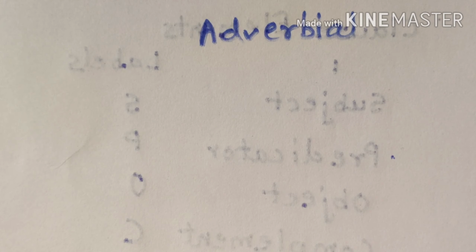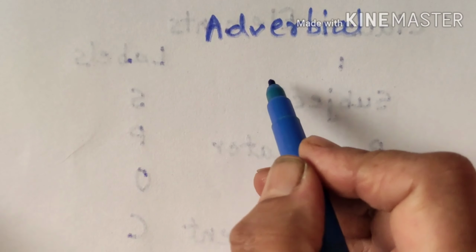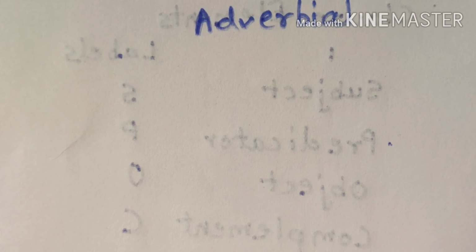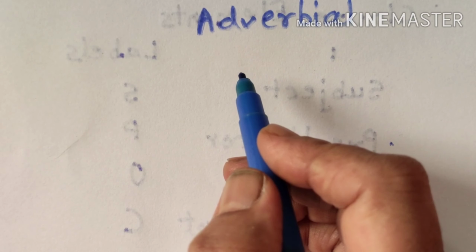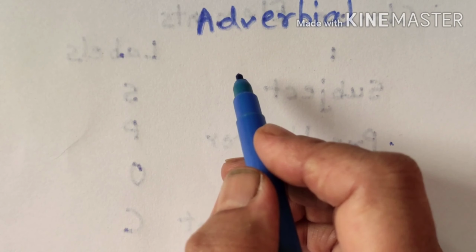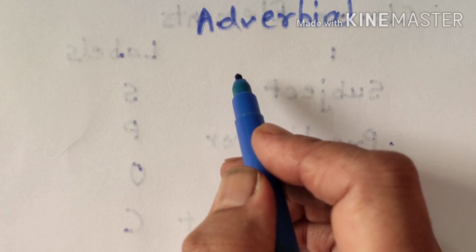Now, what are the words which can be called adverbials? Adverbials are the words which give us extra information of various kinds.